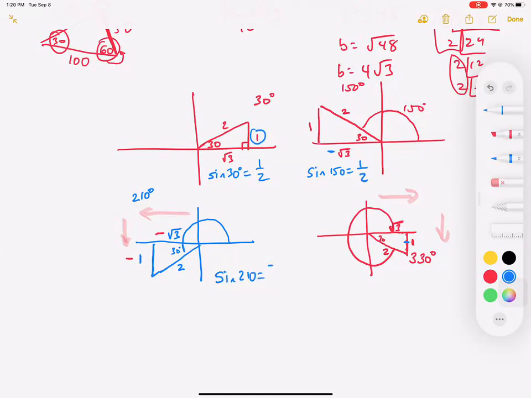That's going to be negative 1 over positive 2. And my last one, sine of 330 degrees. Everyone see this is opposite of 30 degrees, the reference angle, the corner angle? That's going to be negative 1 over 2.